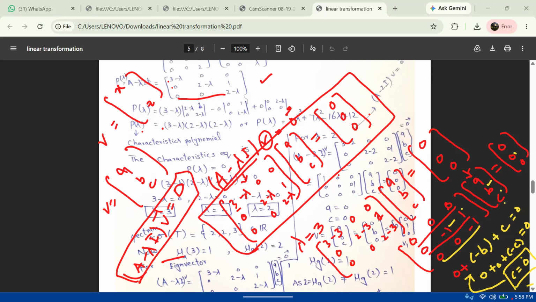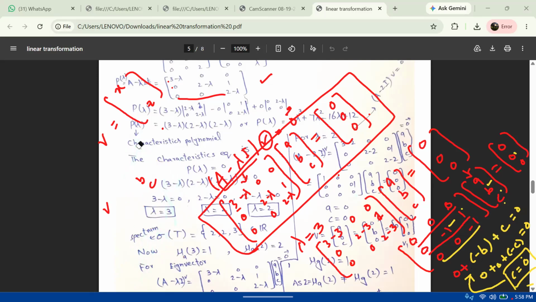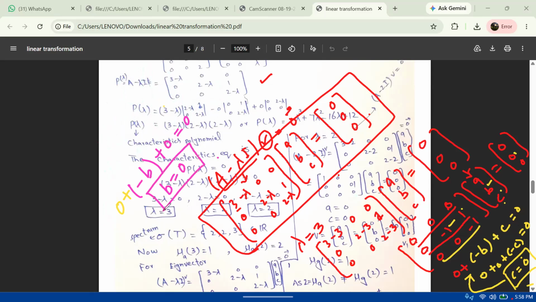You get 0 minus B plus C, and this C is 0, so it's 0 equal to minus B. From this, B is directly equal to 0. So you have B equals 0 and C equals 0.